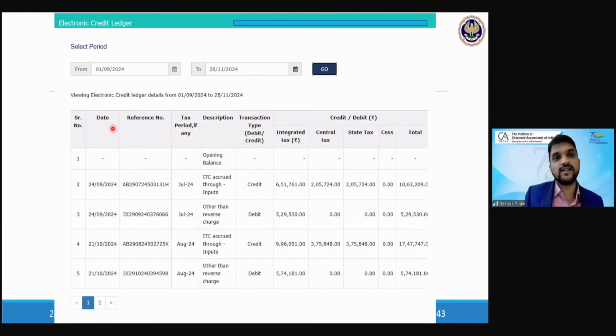Correct, Anirudh. We are only filing GSTR 1 and 3B. 2B comes after collecting data provided by our suppliers.